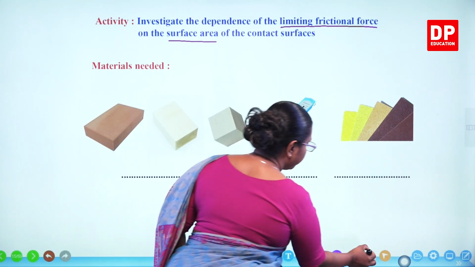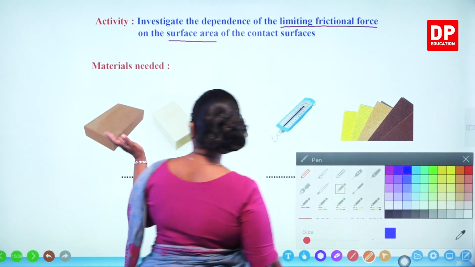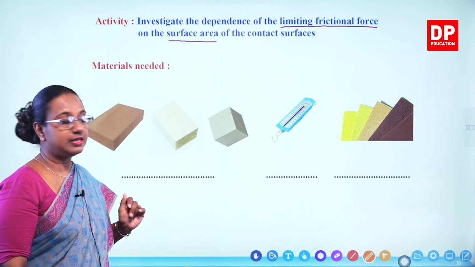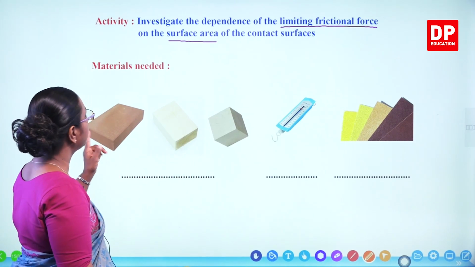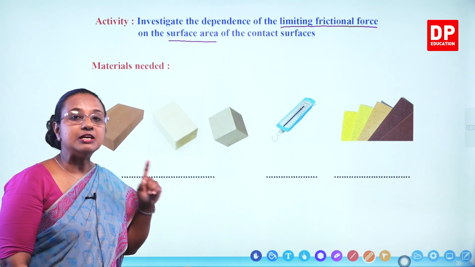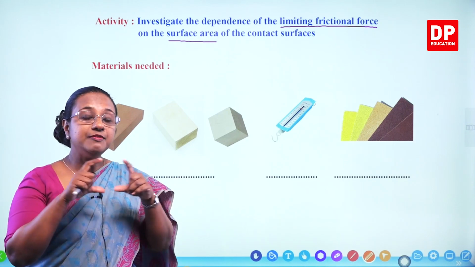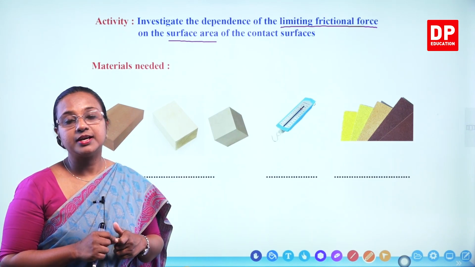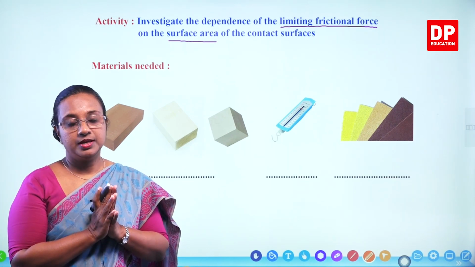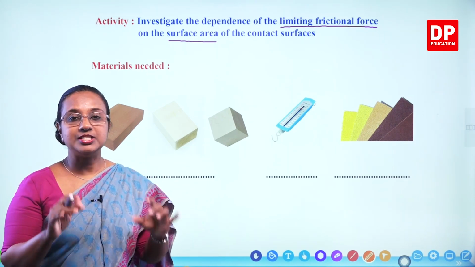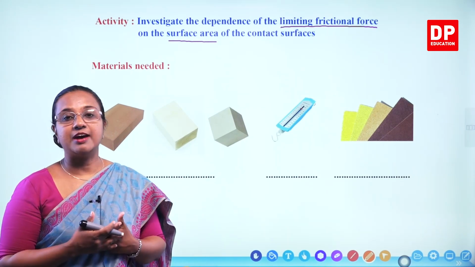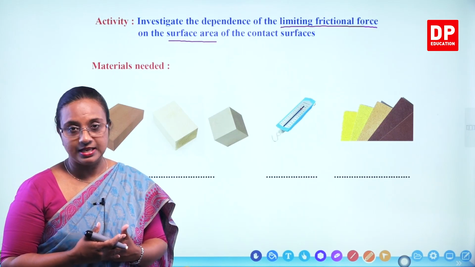So for this, we will need these materials. In this first picture, you can see there are 3 wooden blocks shown to you. That is to indicate that we need a wooden block with different area of contact surface. So it cannot be a cube. It has to be a wooden block which has different areas. The faces have to have different surface areas.